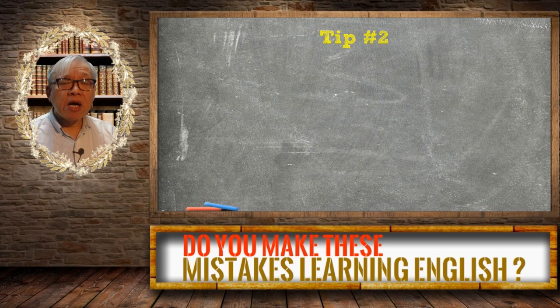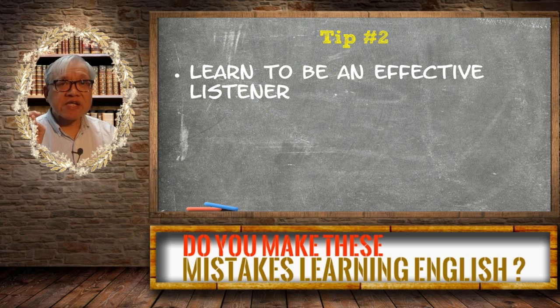Second tip, learn to be an effective listener. Now this really takes time. I said in a previous video, it takes you 2,500 to 3,000 hours of listening to a language. This doesn't mean going to listening class. This doesn't mean watching a movie and not understanding everything for 2 hours until you're bored and you don't want to learn anymore.